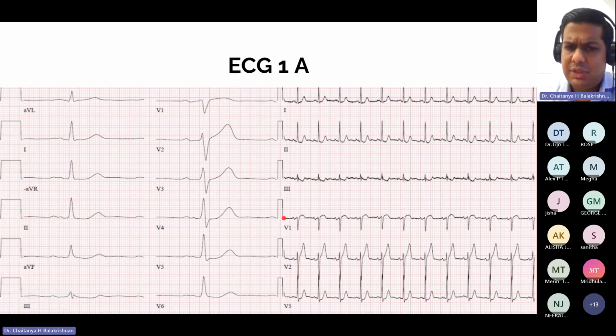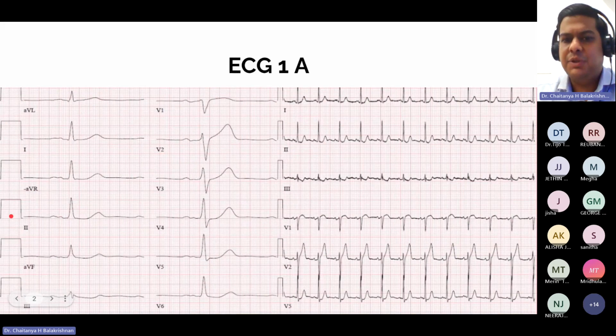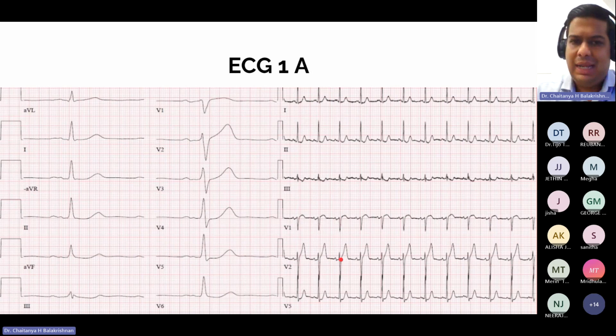If you look at the two contrasting ECGs that I've put side by side, this one is wider. It's abnormal because it's 2 boxes in width. It should normally be 1 box in width. While here it is less than 1 box in width. So you have two contrasting calibrations showing, and you see the difference in how the complexes look. The moment you widen the calibration, the complexes are much more stretched out. The moment you narrow it, of course, the complexes look close.